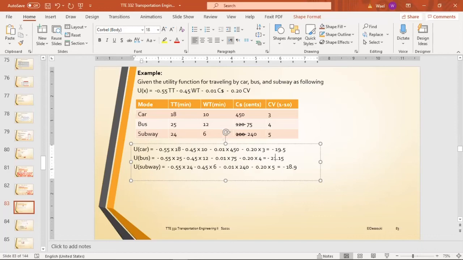So this is going to be reflected here in terms of utility function value. So this one will be minus 21.15 plus 45 multiplied by 0.01. So this will be 20.7.